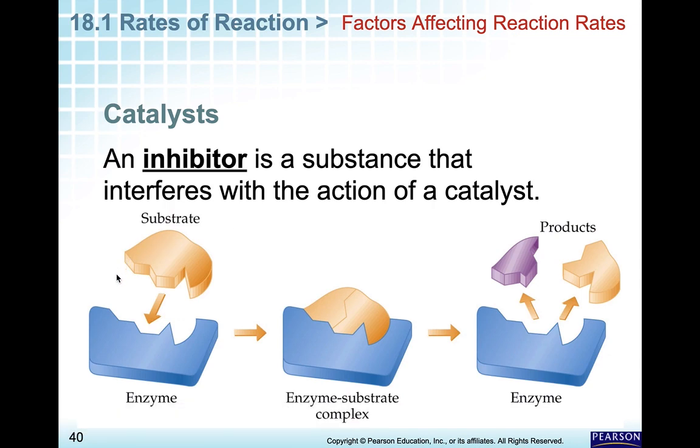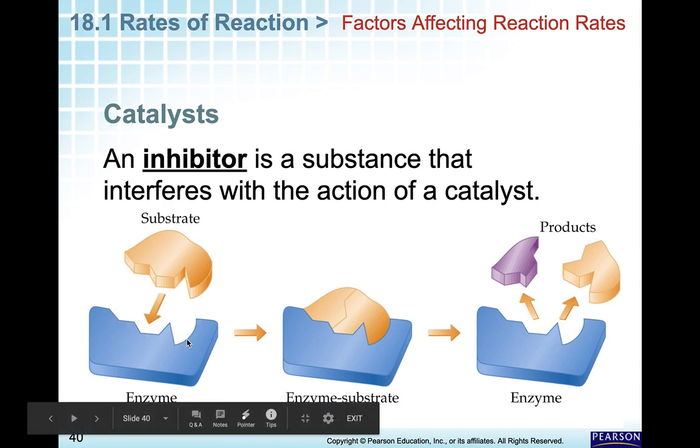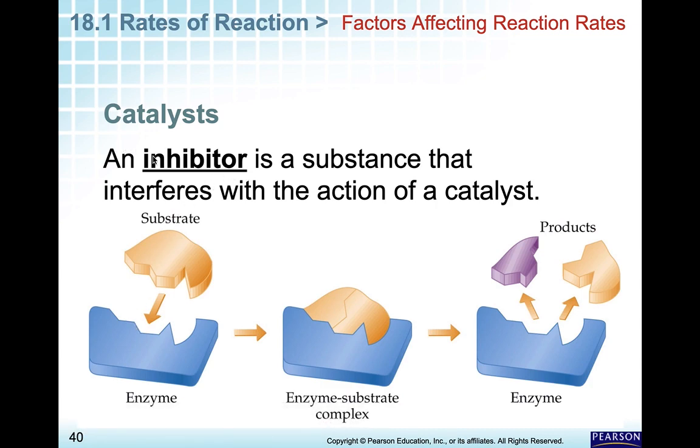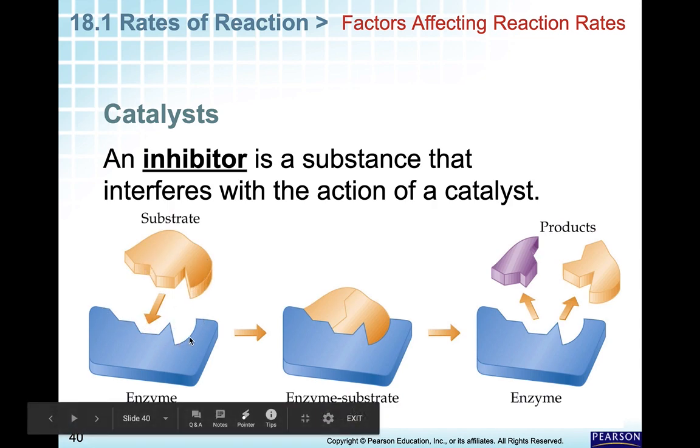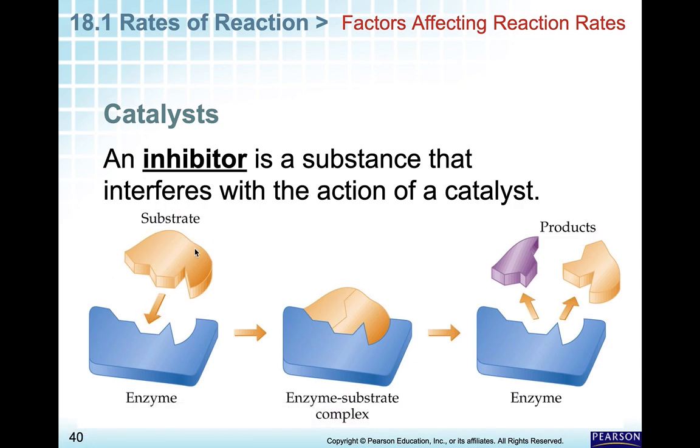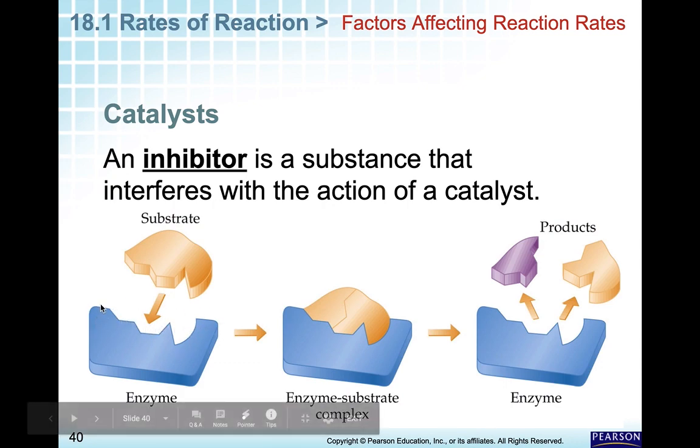Of course, we run into problems if something else sits in this puzzle piece, and the things that do that are called inhibitors. They are the opposite of a catalyst. They interfere with the catalyst action. If something else came and filled this space, the substances that we wanted to react and wanted to use that space would be blocked. They wouldn't be able to fit in here because there's an inhibitor already sitting there.